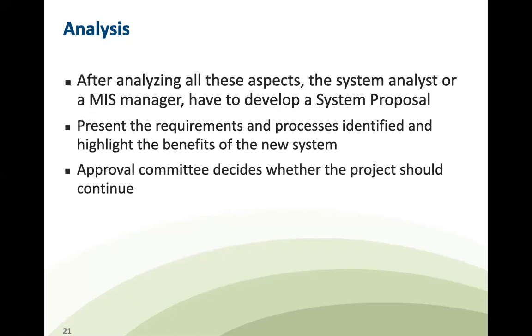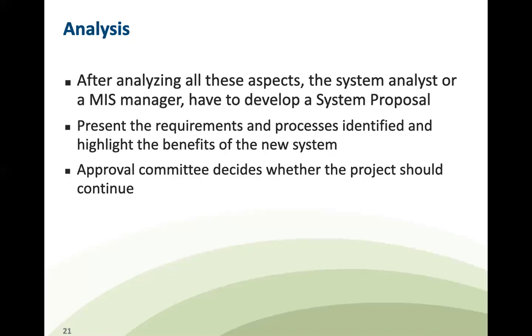So after analyzing all these aspects, the system analyst or management information system manager has to develop a system proposal. Present the requirements and processes identified and highlight the benefits of the new system.